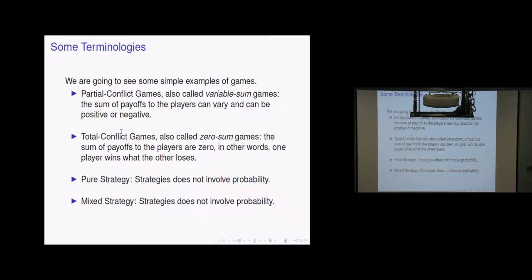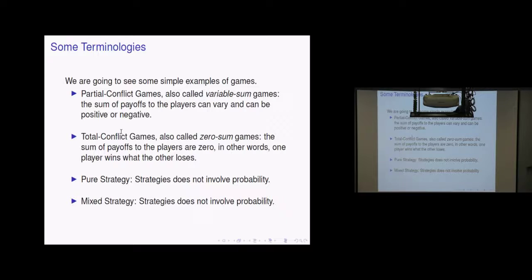Okay. The next two items are related. We are talking about moves, strategies. There's something called pure strategy and something called mixed strategy. For pure strategy, it means there's no probability. For example, the strategy, whether you play head or play tail, there's no probability involved yet, right?